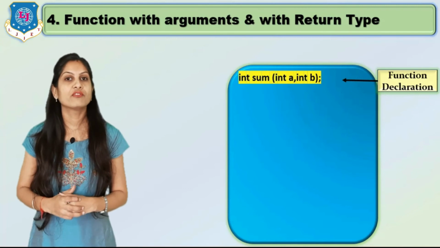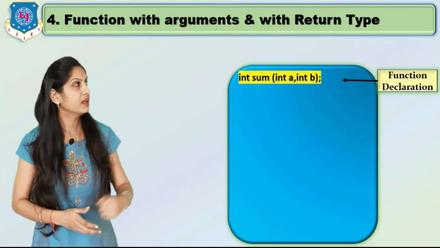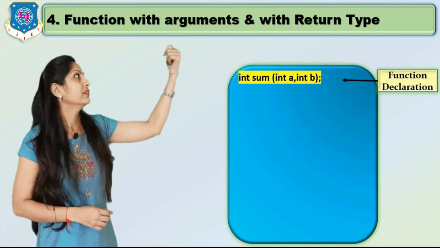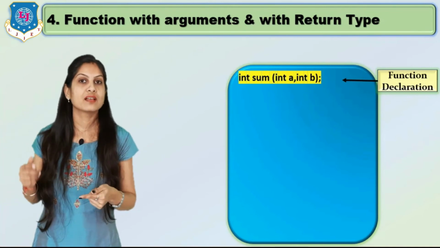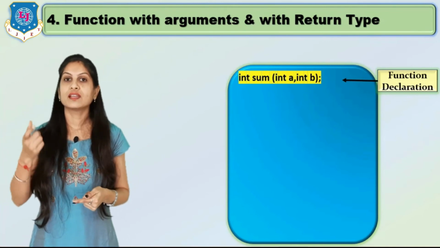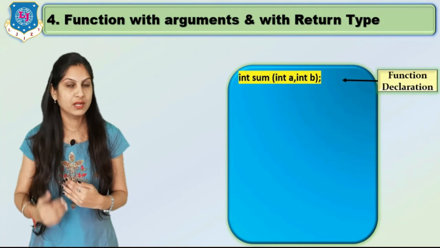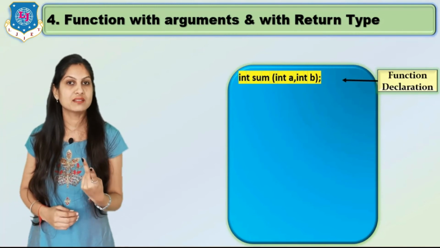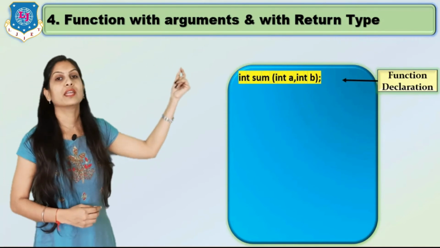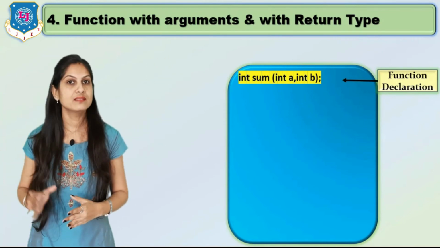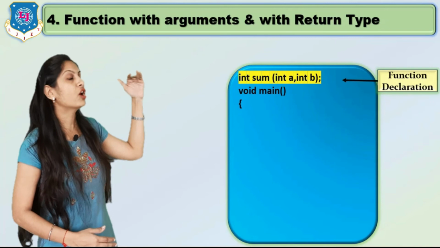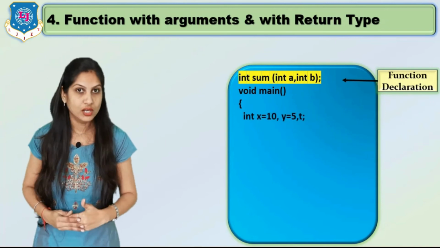So our answer of sum will be an integer, that's why we write integer, then sum, and brackets are empty? No, here the category is with argument, so we have to write the number of variables. We need only 2 variables here. So write just integer a comma integer b and then a semicolon. Now in void main we have to write the function call.